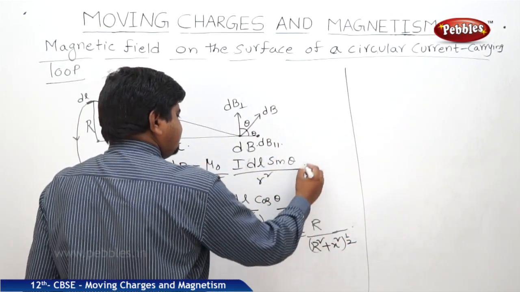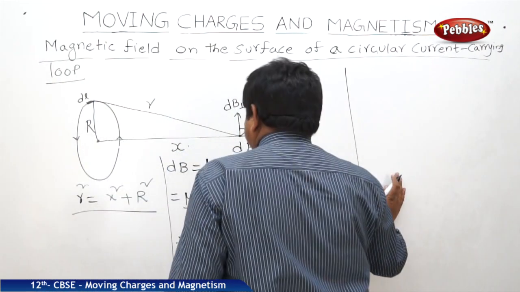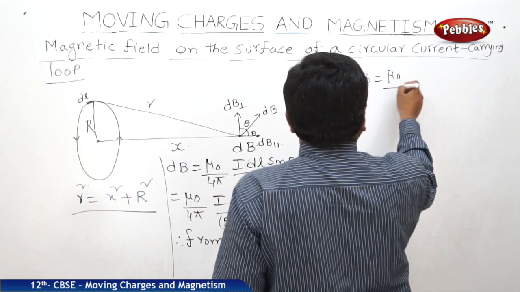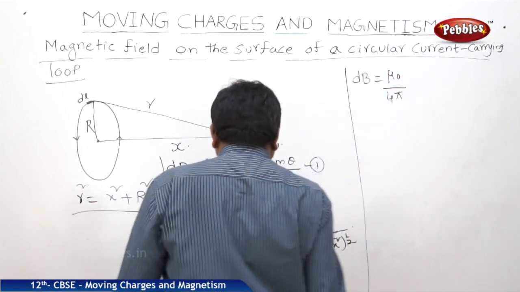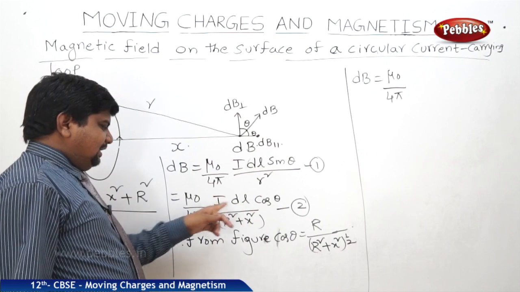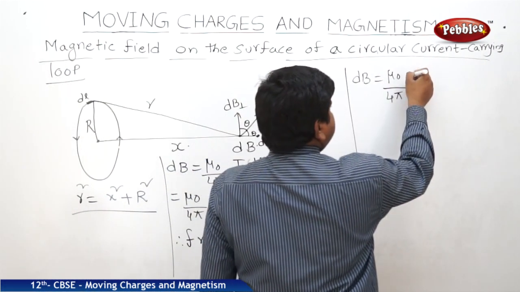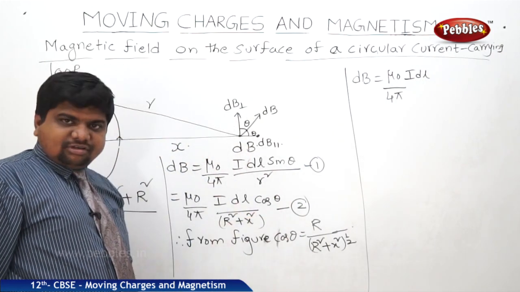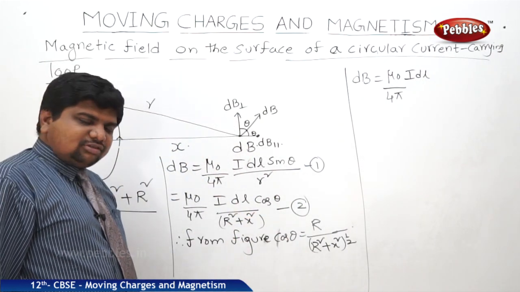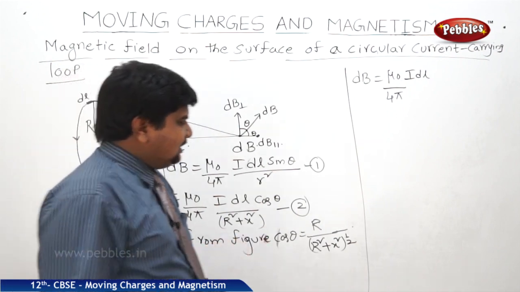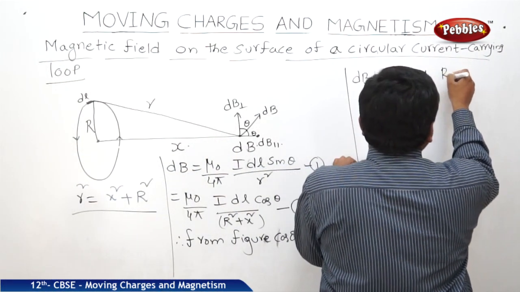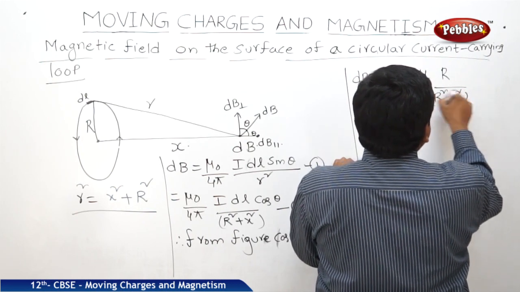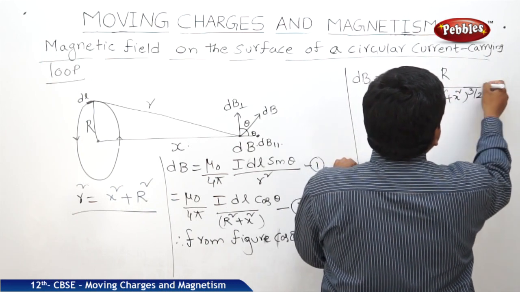Let us write this is equation 2, this is equation 1. So dB is equal to mu naught by 4 pi into I dl. What is cos theta? r by r square plus x square whole power half. It is already r square plus x square in the denominator. So this whole expression will become r by r square plus x square whole power 3 by 2.